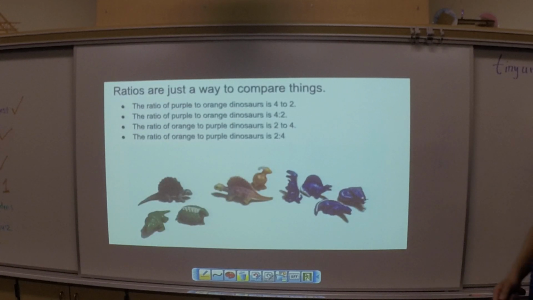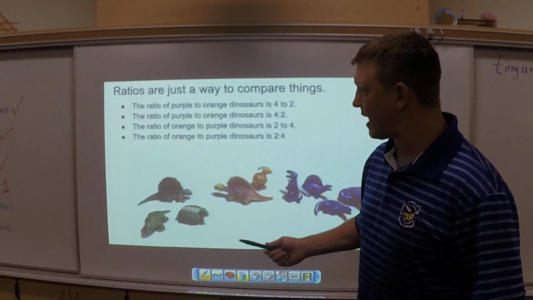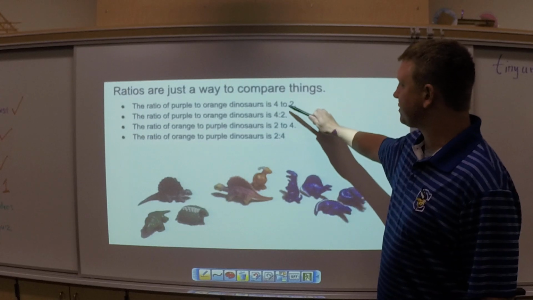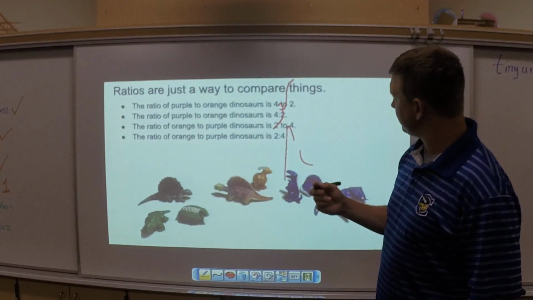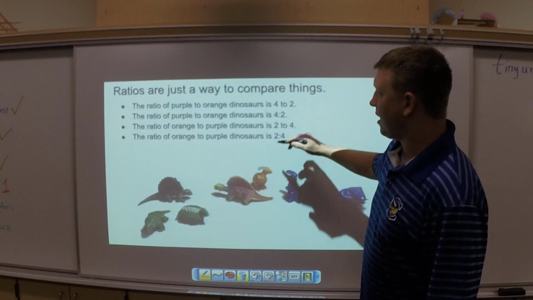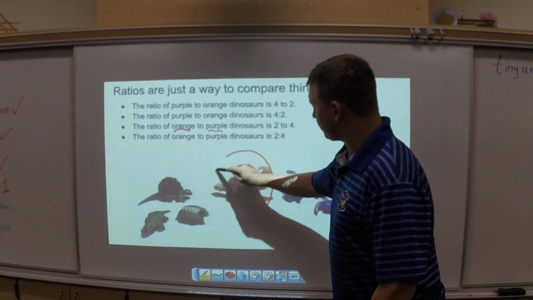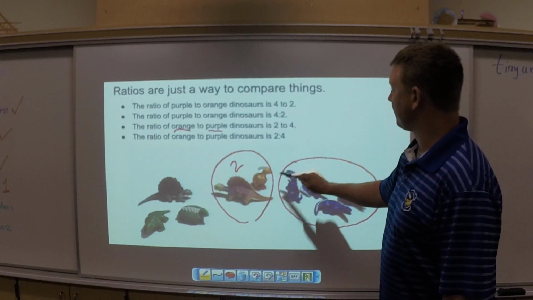Let's take a look at the next example. Ratios are just a way to compare things, even something as silly as these dinosaurs. A purple to orange dinosaur would be 4 to 2, and you could write it this way. You could write it this way. Like, say, orange to purple. You've got to think about the words. We have 2 orange for 4 purple.